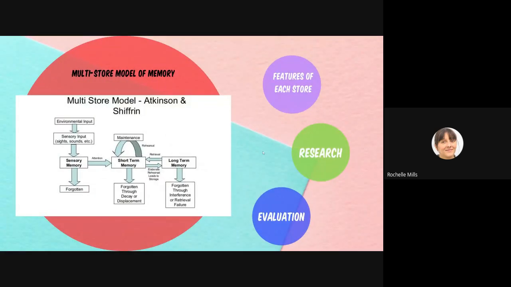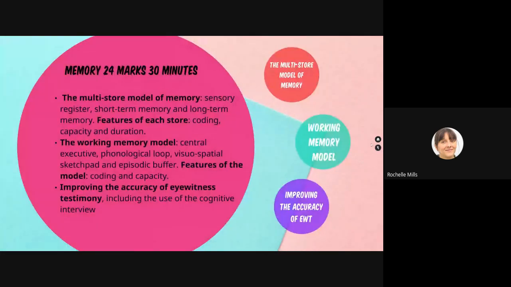So you've got the Baddeley, Bahrick, Peterson and Peterson, Miller, Jacobs, and you need to be able to evaluate those pieces of research that support the features of sensory register, short-term memory and long-term memory, and you also need to be able to evaluate the model as a whole. Okay, so that's the first part, which is the multi-store model of memory.